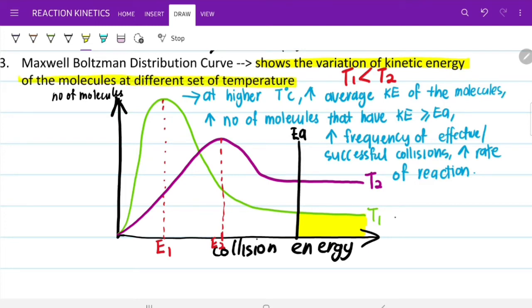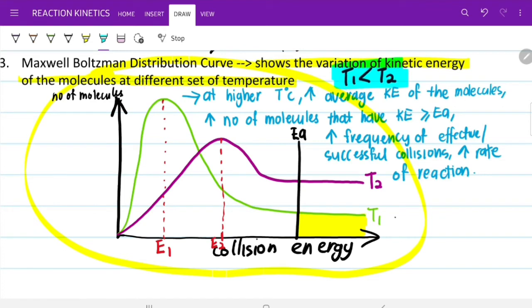In the same sketch, I can have more than two temperatures. In the example given here, I only have a Maxwell Boltzmann distribution curve which shows two different temperatures, T1 and T2, where T1 is a lower temperature compared to T2.